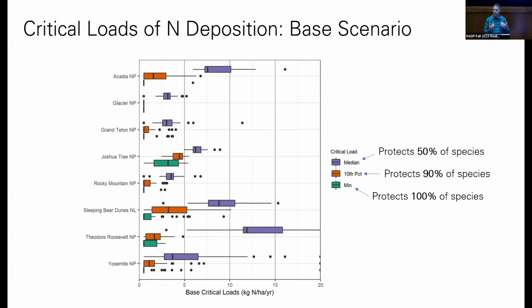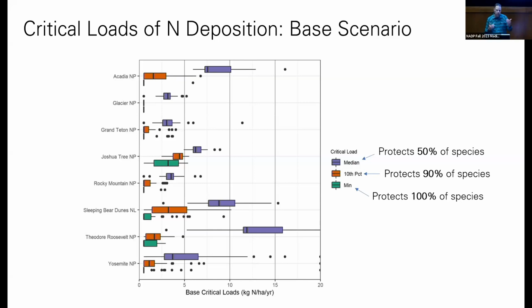So when you're using a decreaser to represent your critical load for a map class, you have those very low critical loads. If you allow some damage to some species, your critical load increases. So we have increasing critical loads all the way up to this 50% mark. And we can choose any point on this distribution of critical loads across the species within a map class. These are just 3 examples.